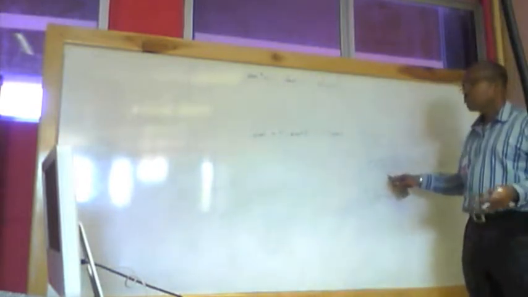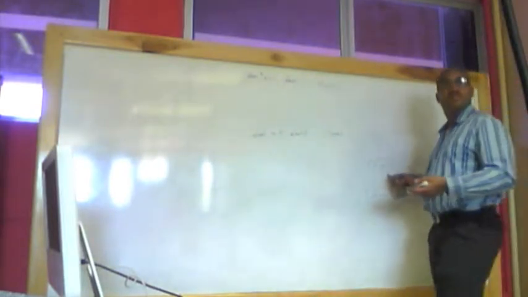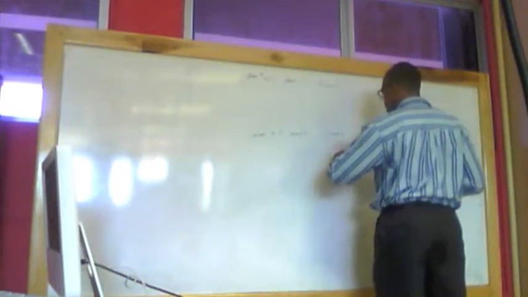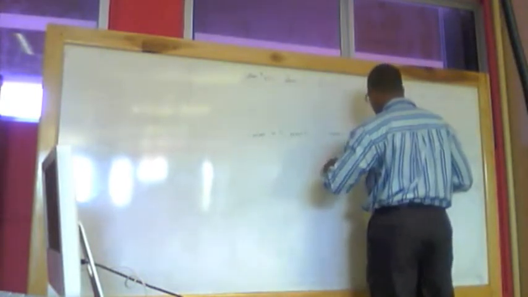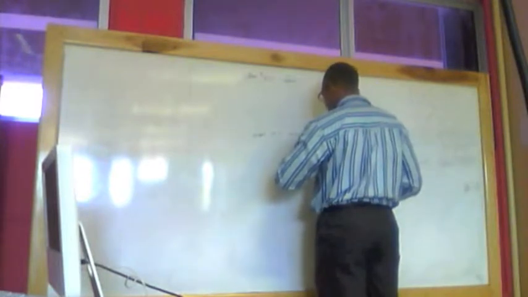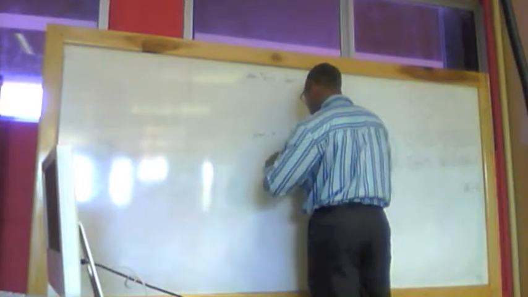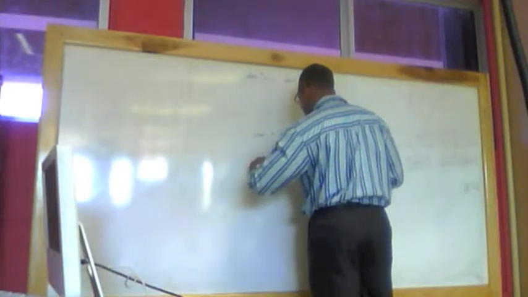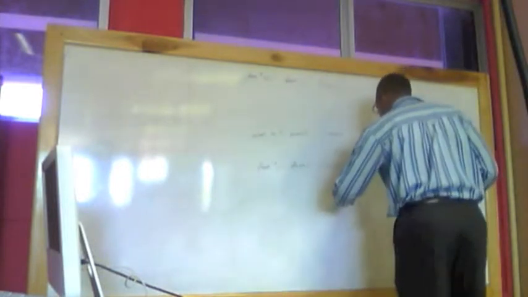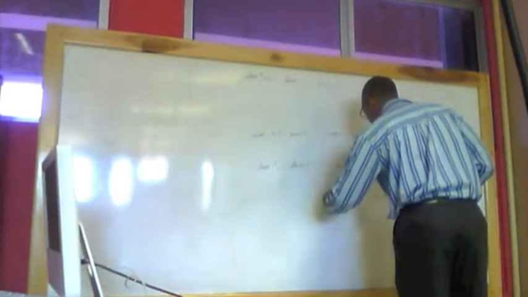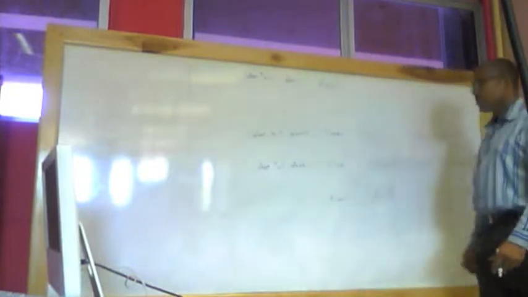And at level 2, how many nodes do we expect? Right? So at level k, how many nodes do we expect? 2 to the k nodes.